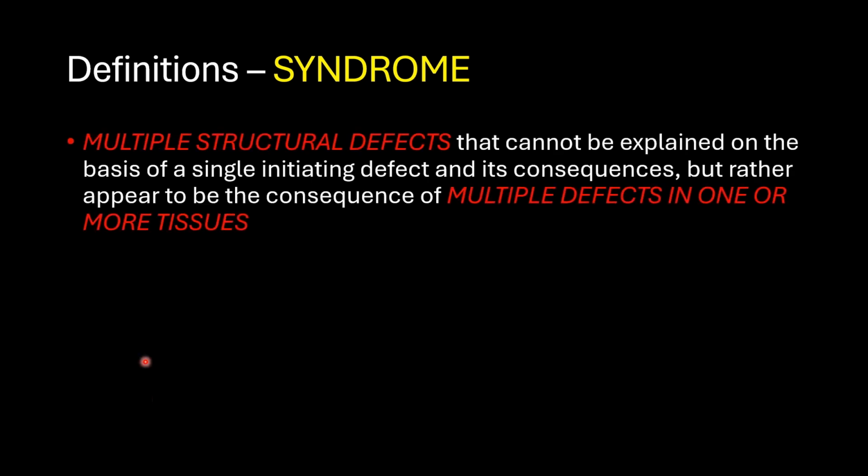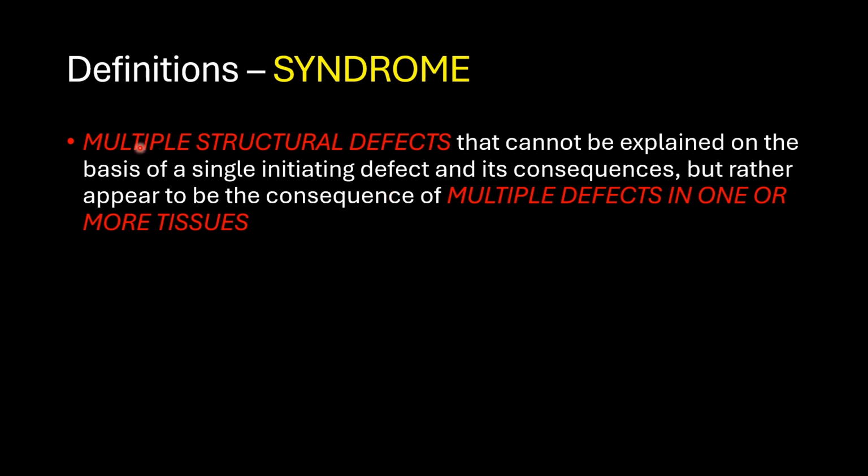So now we have learned about the definition of sequence and the various types of sequence. So what is syndrome? Syndrome refers to multiple structural defects that cannot be explained on the basis of a single initiating defect. This is the main difference between sequence and syndrome.